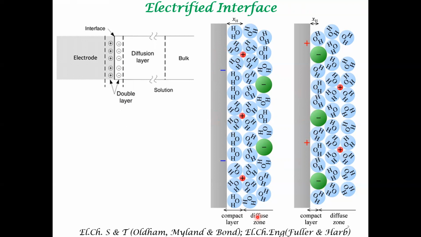That distance is denoted by this compact layer. Beyond this layer, the cations are mobile. Once these cations are fixed or bound to the electrode, we typically think that they don't get detached and move on. Beyond this layer, the notion is that the ions move around.